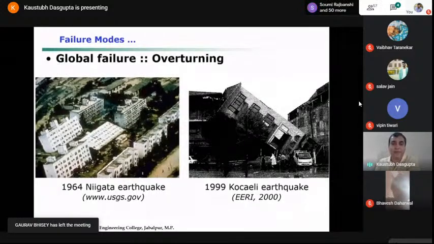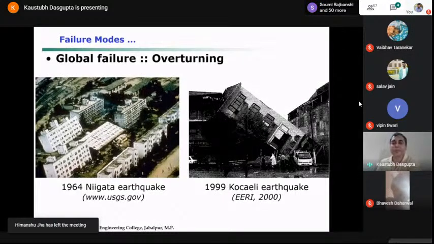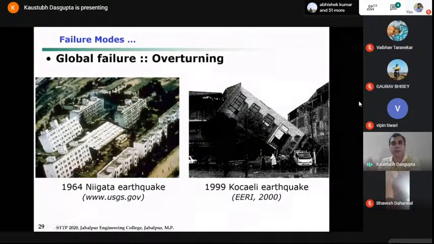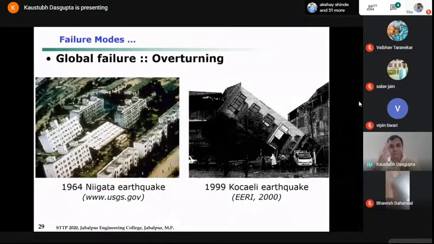The 1964 Niigata earthquake is very famous, because that was the first time soil liquefaction was extensively observed. All these failures happened wherever you had liquefaction and lateral spreading of the soil. The soil becomes weak, one part settles, the load behavior becomes somewhat asymmetric, and then it caused the tilting.